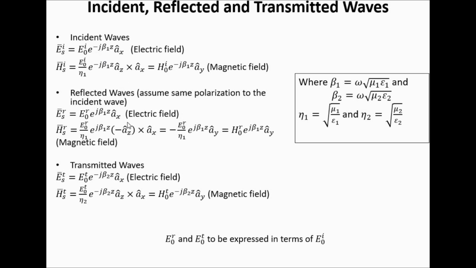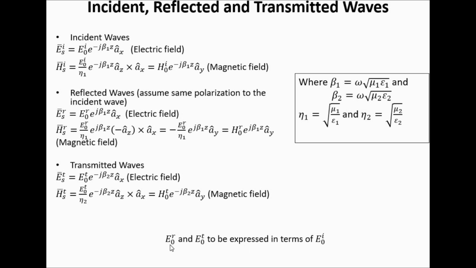The incident and reflected waves have opposite propagation directions, but the same electrical constants like beta 1 and eta 1, because they are in medium 1. But the transmitted wave is in medium 2, so you have to take beta 2, eta 2, and it propagates in the positive z-axis. So E0R and E0T can be expressed in terms of E0I.